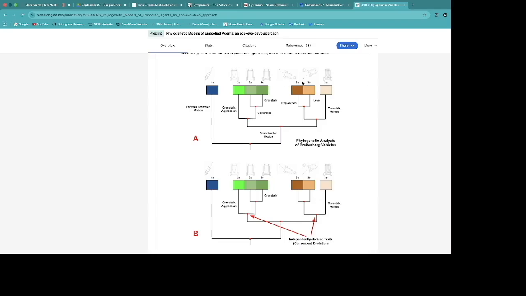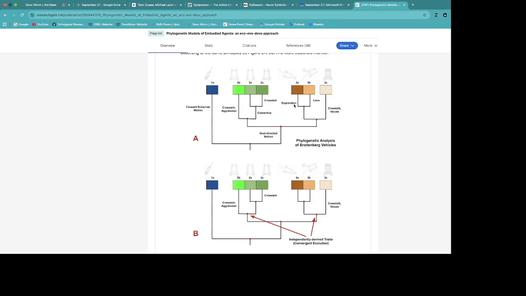And then we have class 3, which is A, B, and C. These are vehicles that have multiple connections between sensor and effector and exhibit more complex behaviors, both affective and functional. So this is doing a phylogenetic analysis of the information that Braitenberg gave about vehicles.